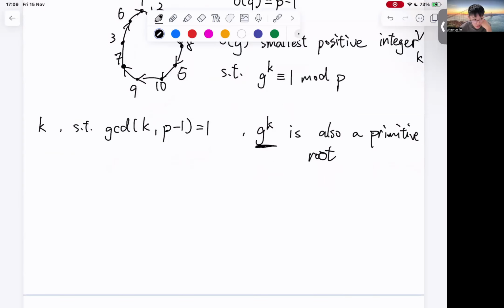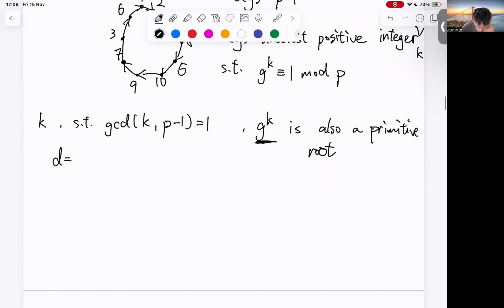To see why, suppose that given a k, the GCD of k and p minus 1 is not 1, but some number d. Then we would have cycles of length p minus 1 over d.